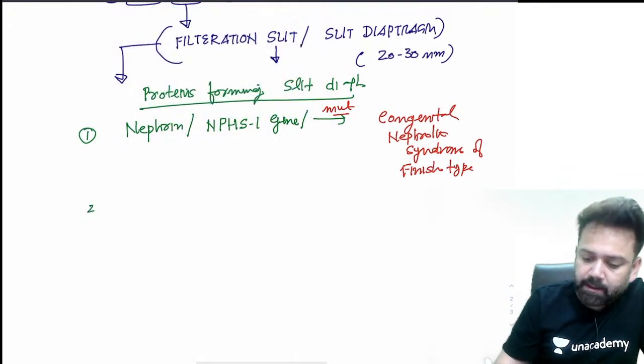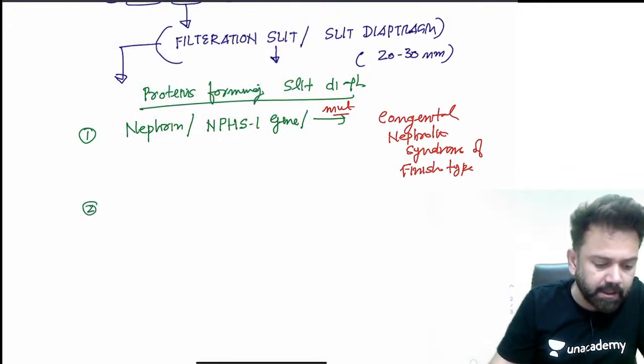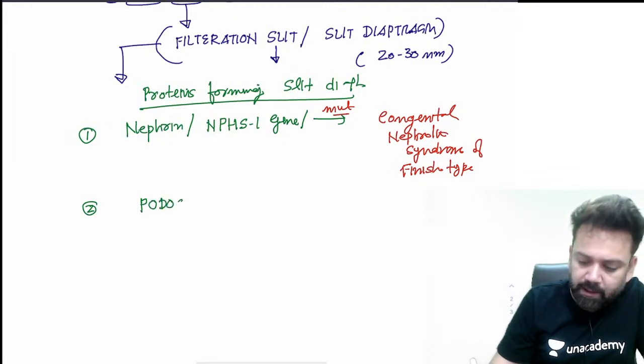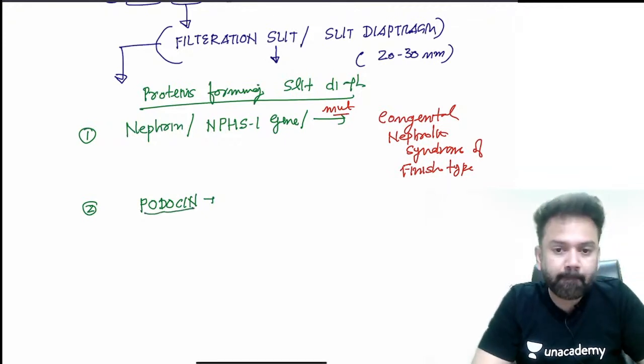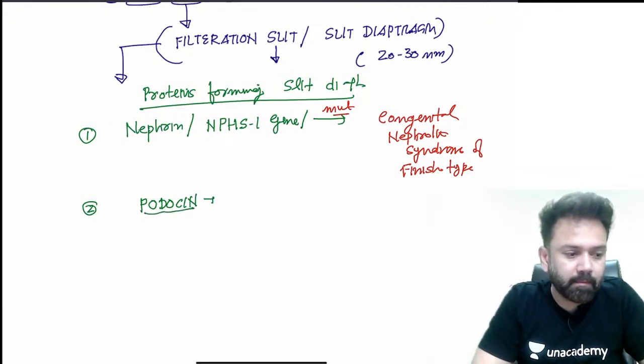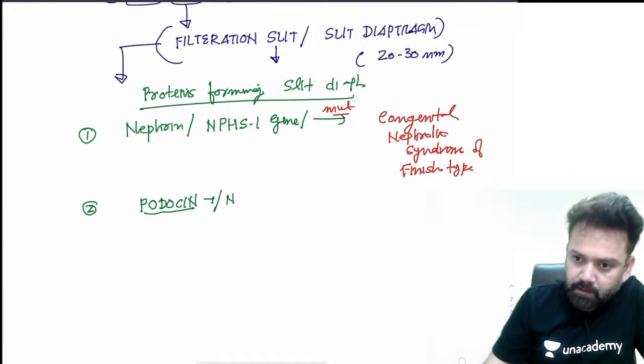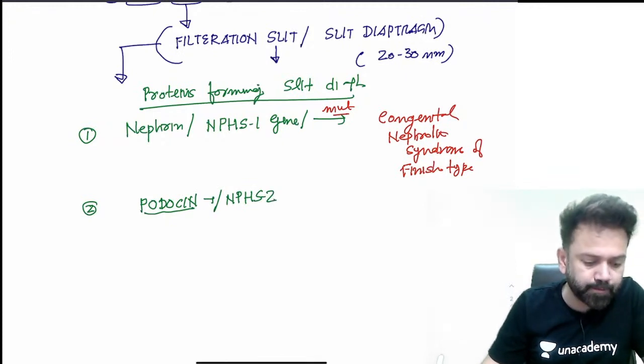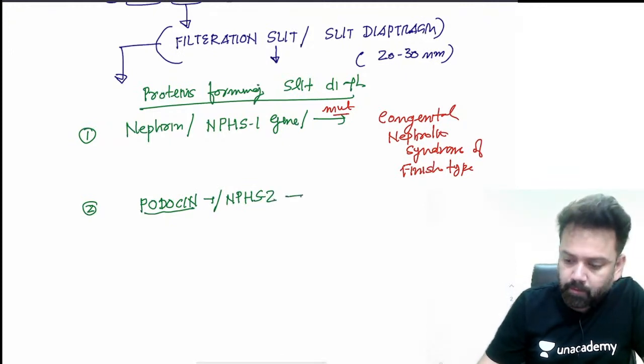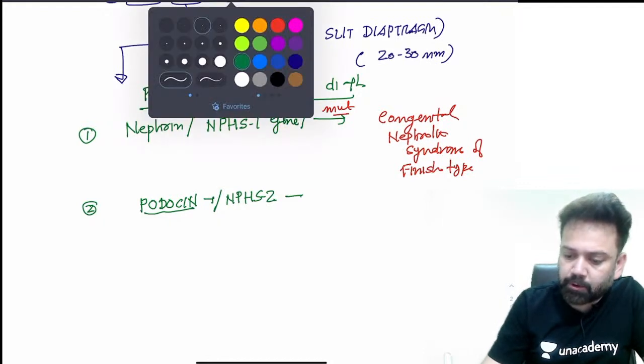Similarly, we have the second protein called podocin, and this is because of the gene called NPHS2. The mutation in this protein will cause what?